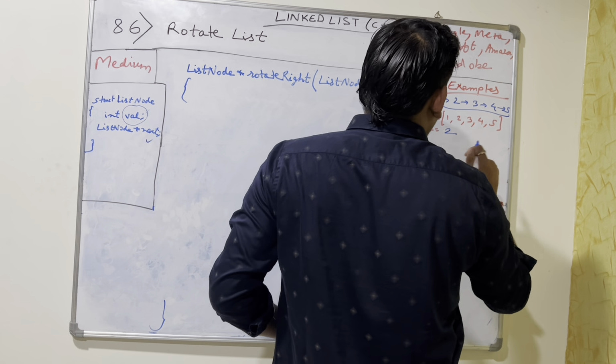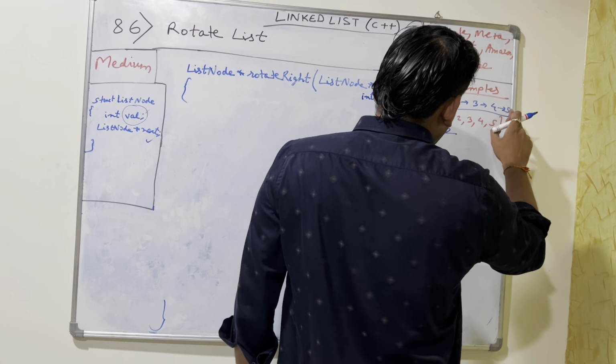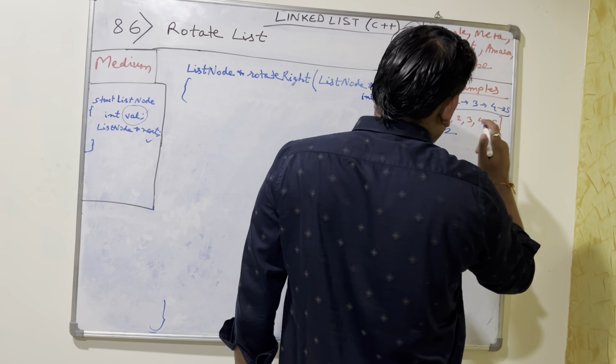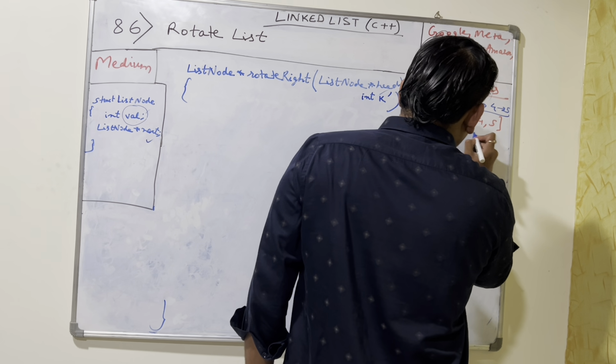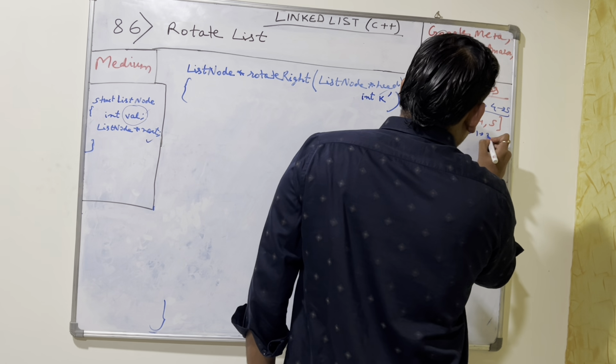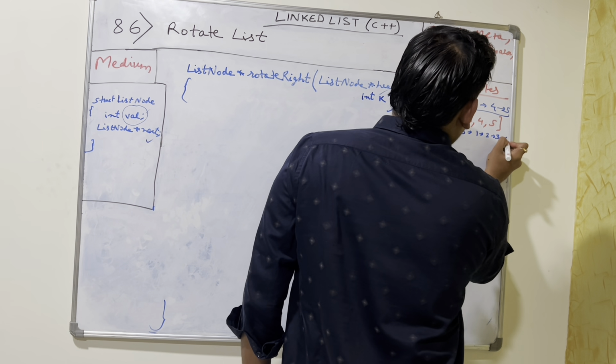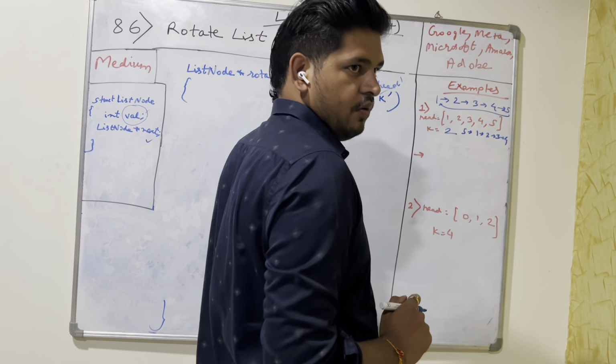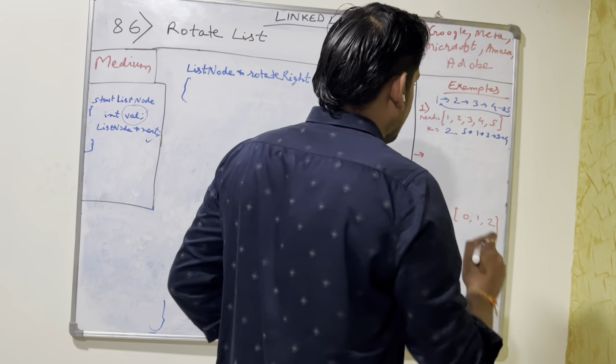So the list would be 5 pointing to 1, pointing to 2, pointing to 3, pointing to 4, and 4 would now be pointing to null when k is equal to 1.